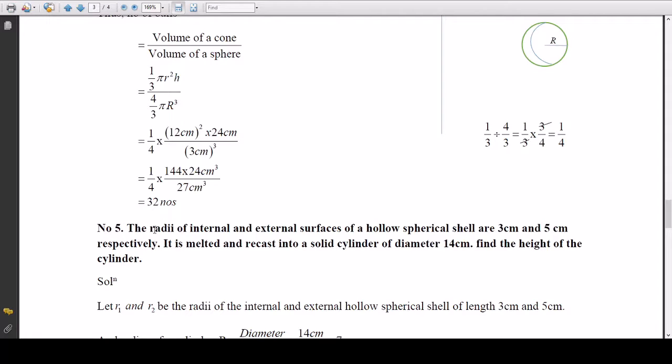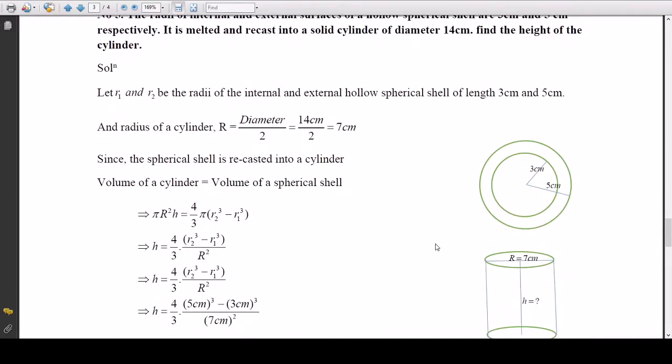The radius of the internal spherical shell is 3 centimeter, and the external is 5 centimeter. This shell is melted and recast into a solid cylinder of diameter 14 centimeter. We have to find out the height of the cylinder.